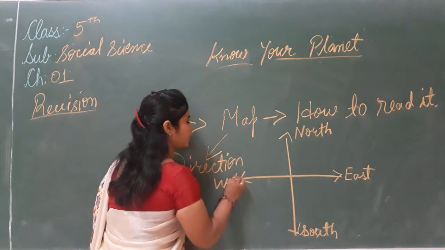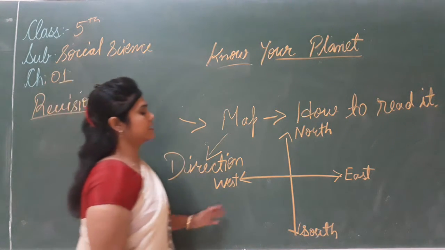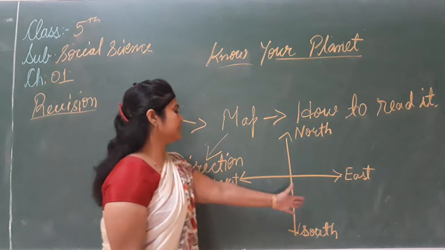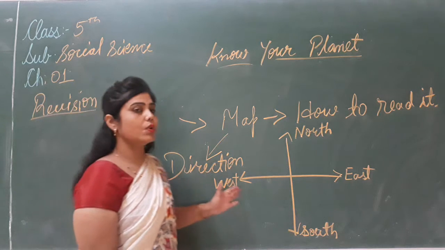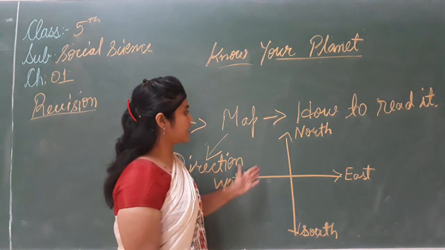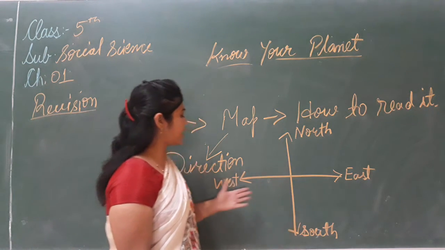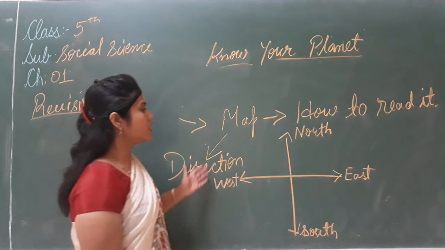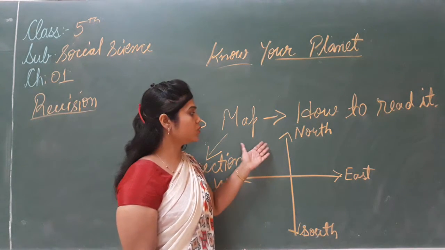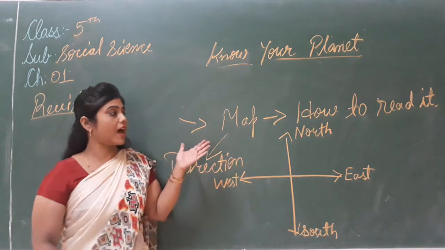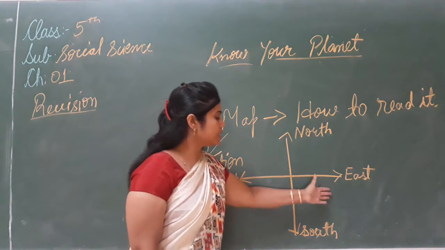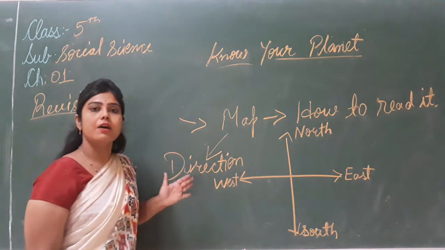So what are the four major directions? North, south, east and west. This helps us understand which countries or cities are in the north, which are in the east, which are in the south and which are in the west.